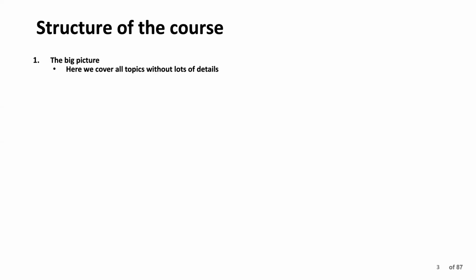So not a lot of detail today, but we're going to cover all the topics. And then, as I say, in future lectures, we'll go deeper and deeper into the topic.